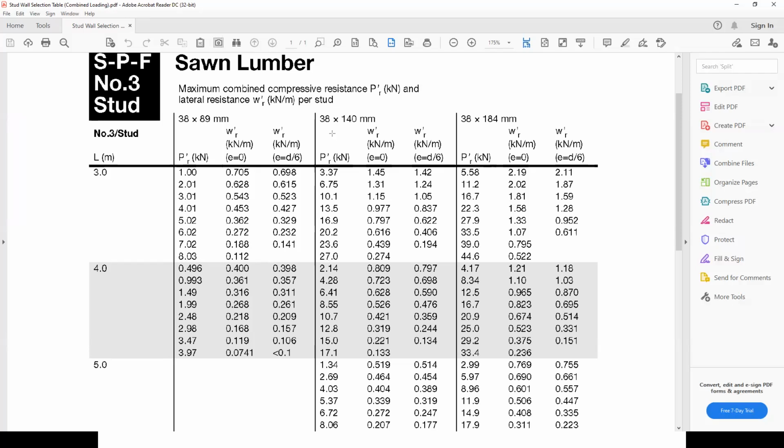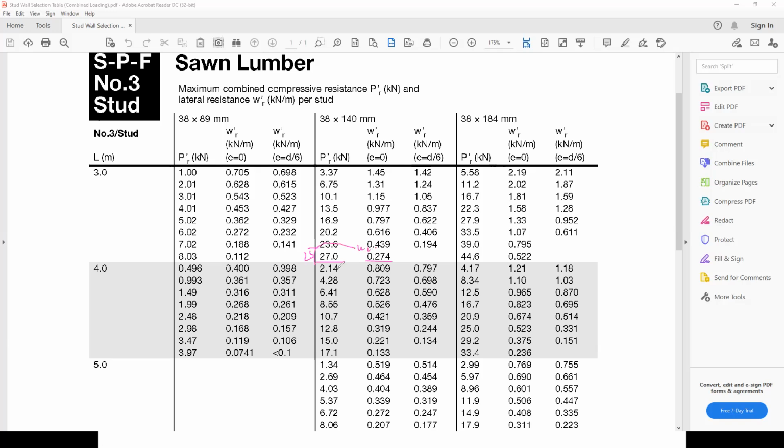But here, for example, I know that if I have a PR of 27, I will end up with a WR of 0.27. And I know that in my case, my PF is 25 and my WF is 0.2.